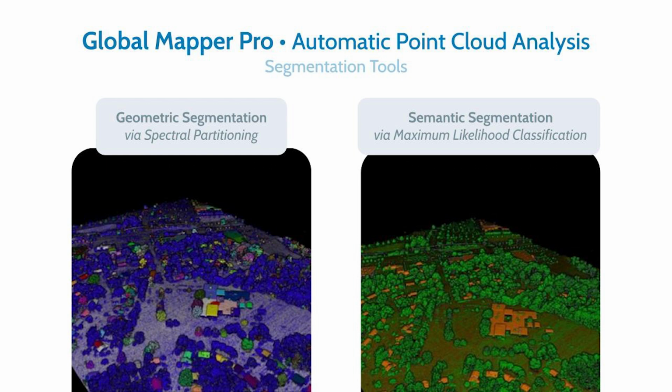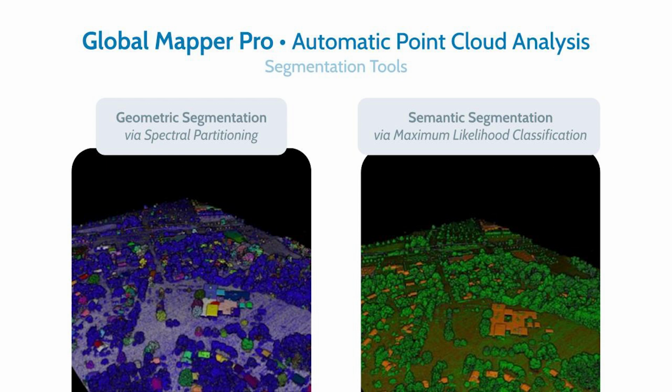What this process does is it helps us identify specific features or objects, if you prefer, in the point cloud. Segments are created based on a variety of point cloud statistics and attributes. So that might be the intensity, the color, and a variety of geometric values, all of which allow us to create and identify specific segments. So on the left-hand image here, all those unique colors are unique independent segments.